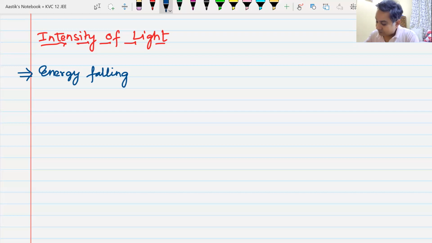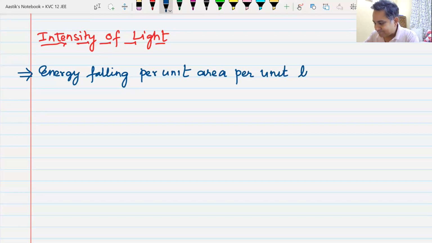So energy falling on a body per unit area per unit time perpendicular to the area. How much energy is falling or emitted or transmitted or reflected per unit area per unit time perpendicular to it.